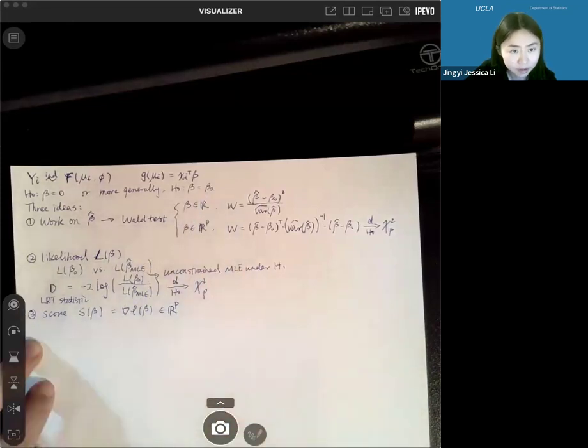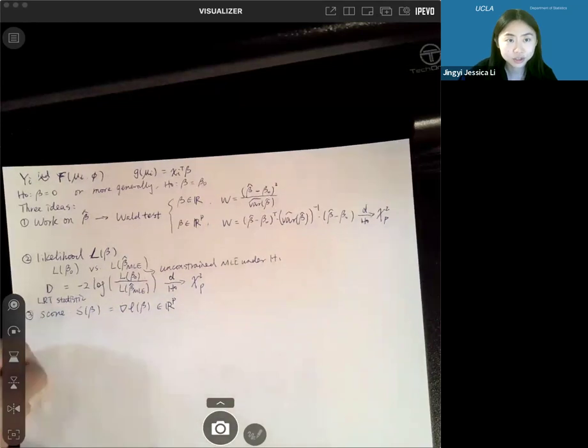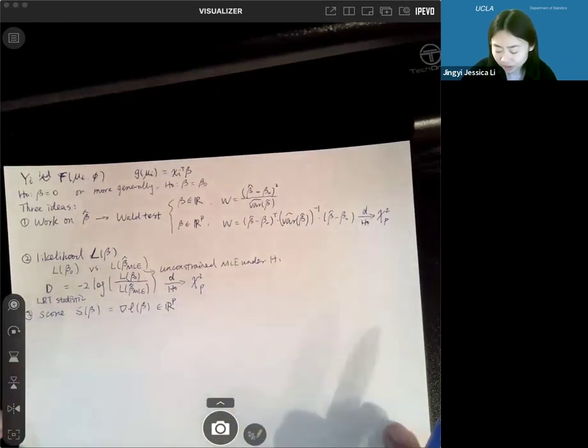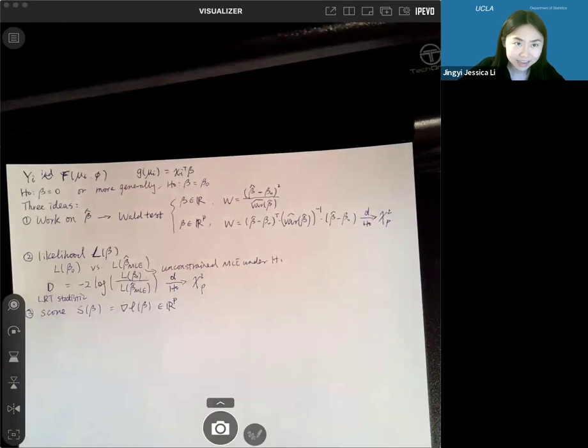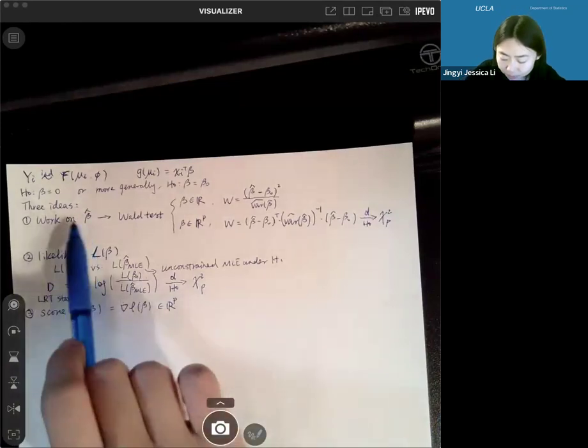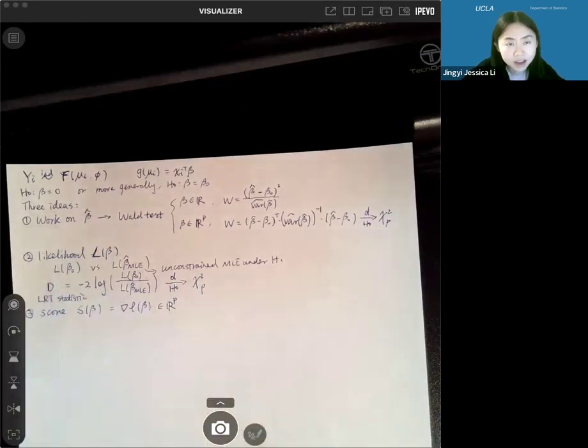But the score is a random vector, so it wouldn't be exactly 0. Similar to the beta hat argument, whether we believe the null model or not will depend on the variance of the score. And we know that the variance of the score is the Fisher information.